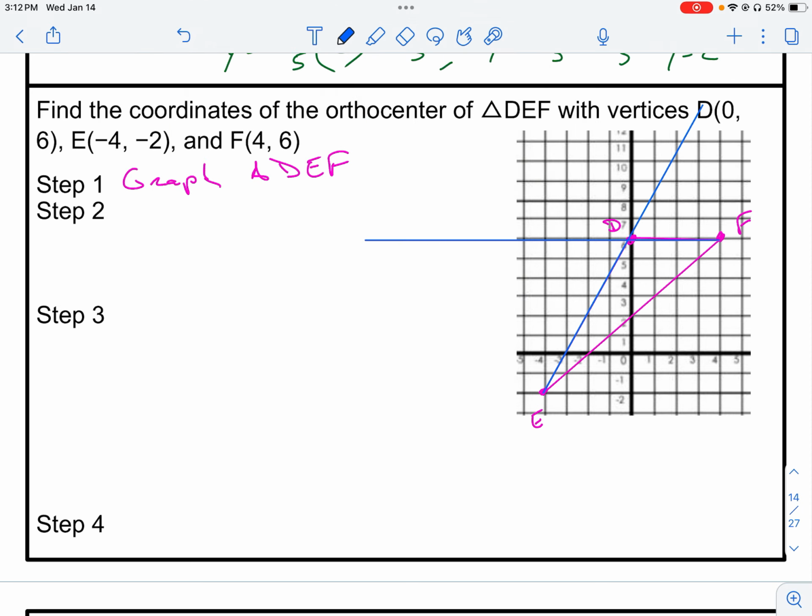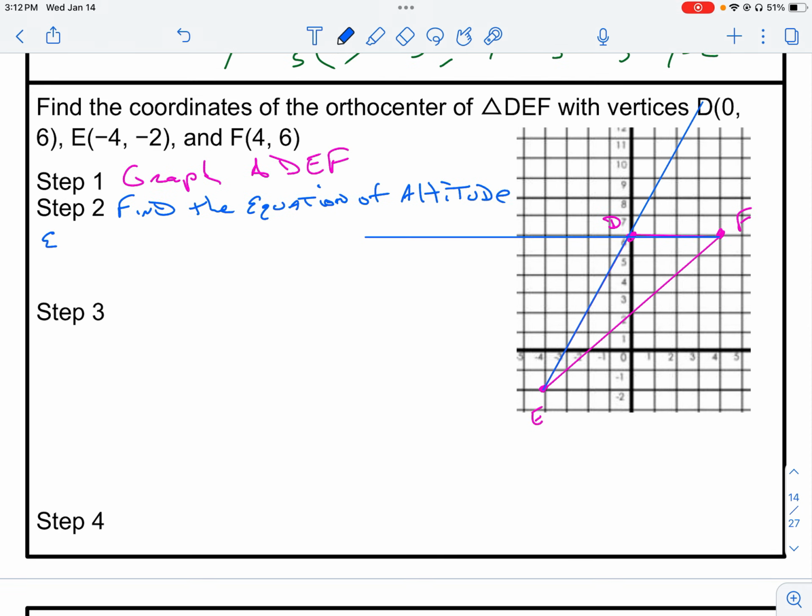Well, I see that if we find the equation of the altitude from E to DF, it's going to be x equals -4 right here.